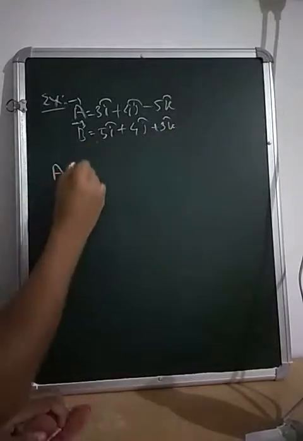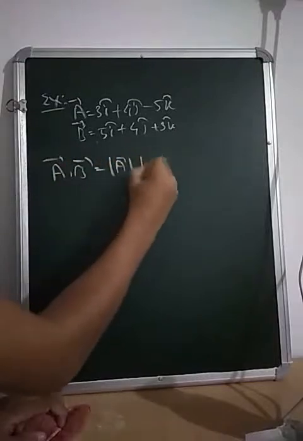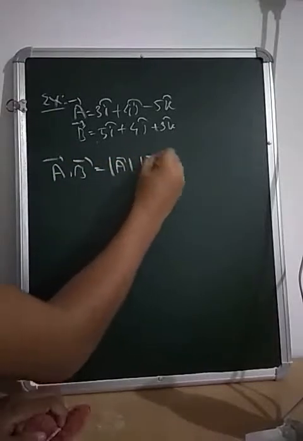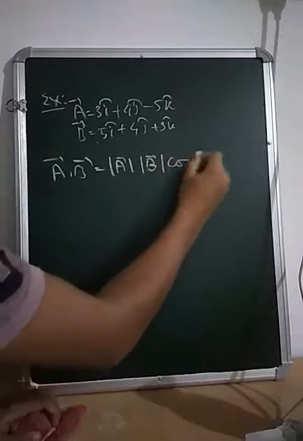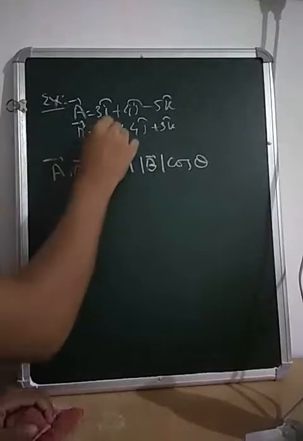We know what the dot product is. A dot B is equal to the magnitude of A times the magnitude of B times the cosine of the angle between the two vectors.